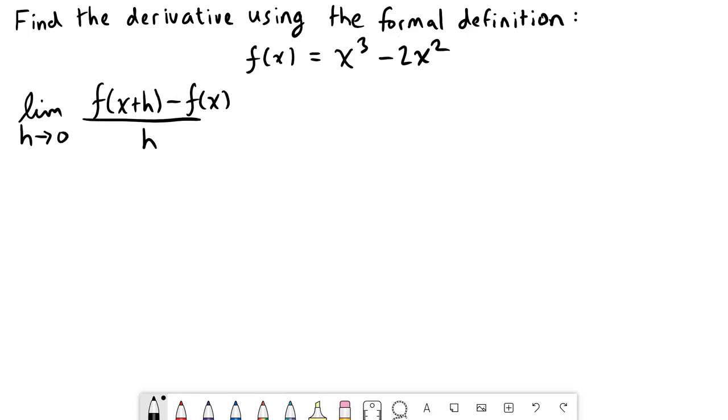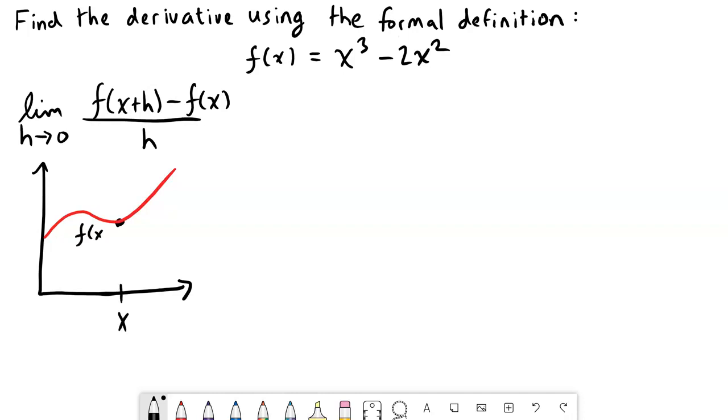And if you don't remember where this formula comes from in the first place, I'm going to quickly draw it here. Let's say you have this graph, an arbitrary graph, and I just want to find the slope here, right? So this is x and this is f of x. If I increase it by a little bit, let's say the distance between these two lines is h, so this point is f of x plus h.